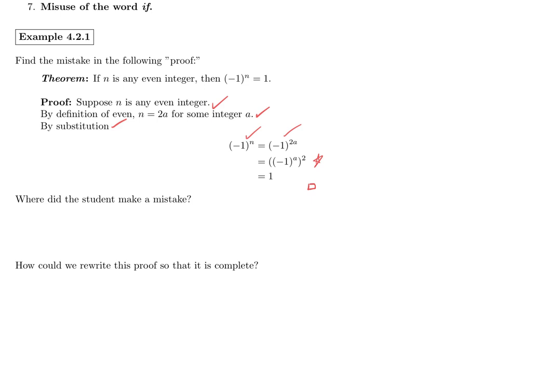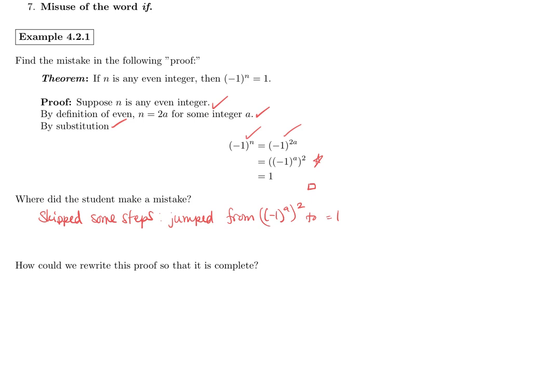So they skipped some information. They skipped some steps, right? They jumped from (-1 to the a) to the 2 to just equaling 1. It's true that the square of any non-zero real number is positive.